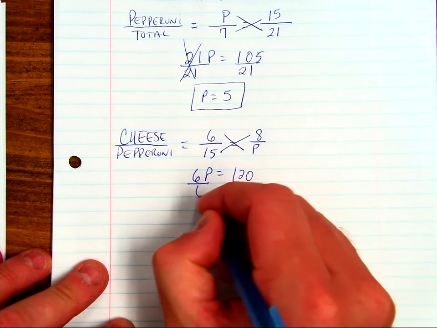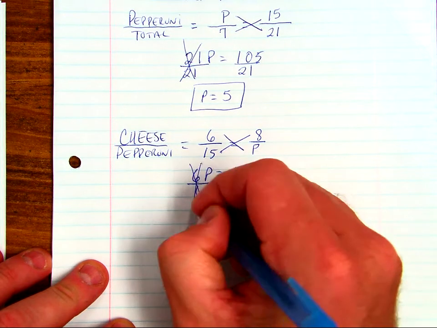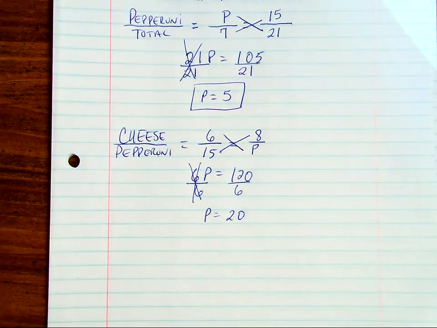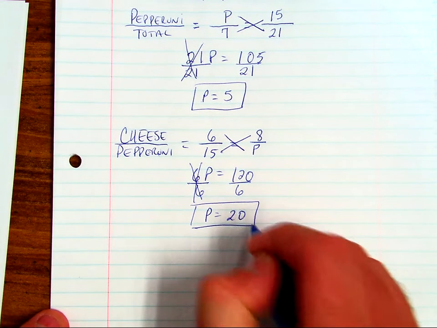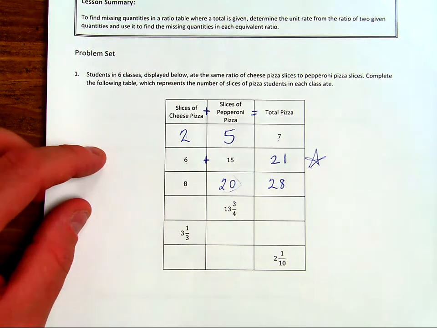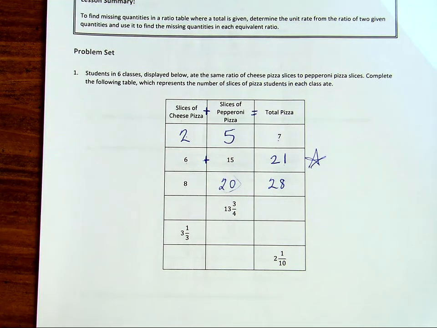Divide by the coefficient. And there are 20 slices of pepperoni pizza. P stands for pepperoni. Eight plus 20 is 28.